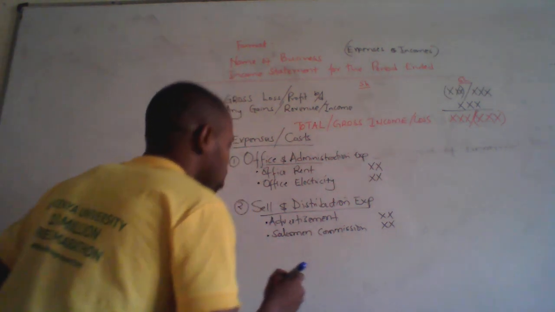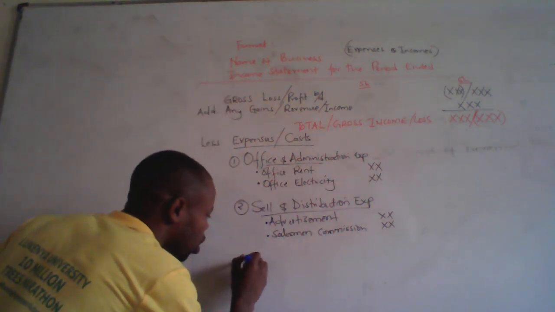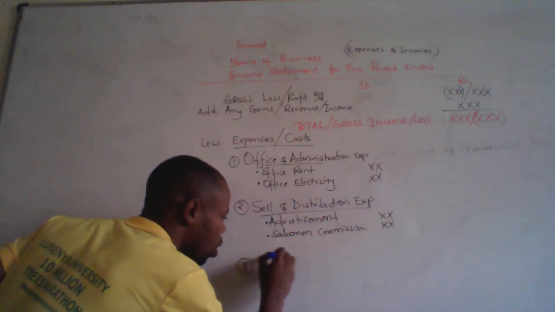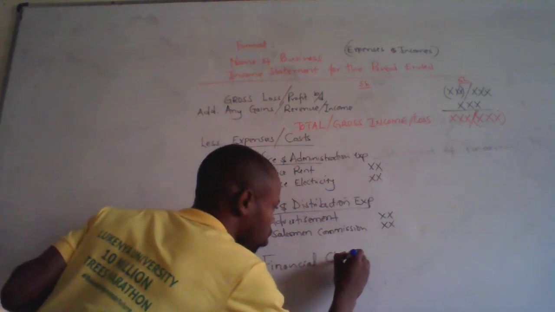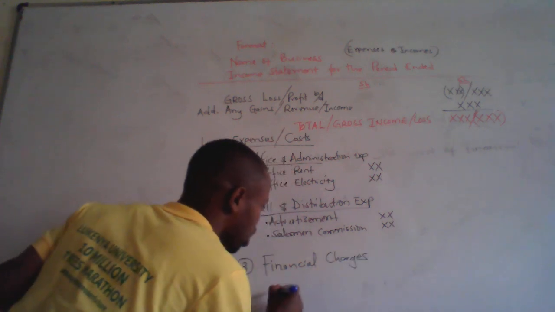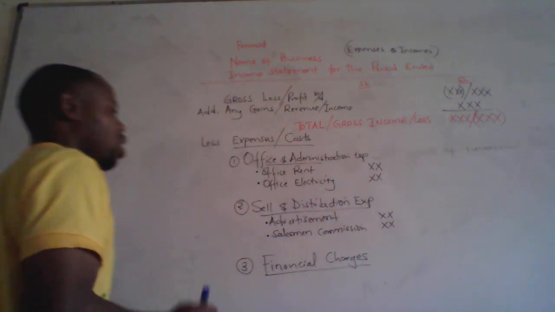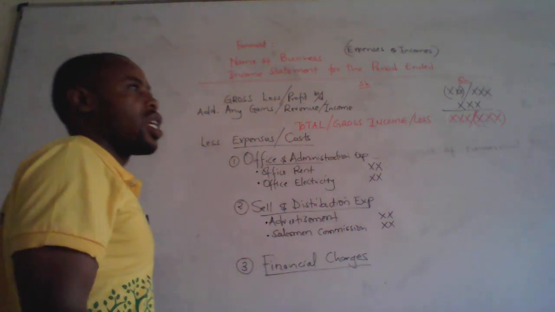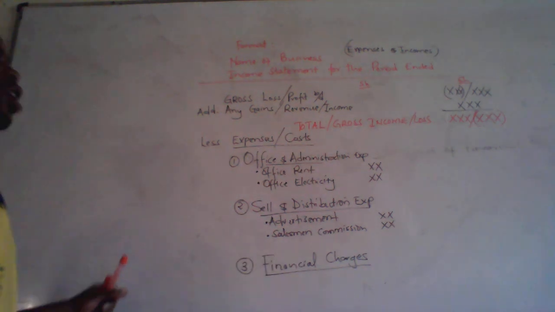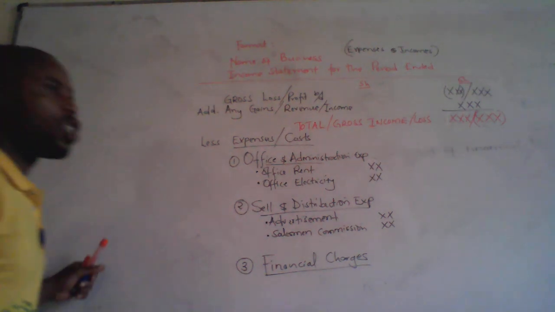Then to the selling and distribution expenses, you are supposed to add the third category, which we call the financial charges. These are charges like interest charge and depreciation, which fall under the financial charges.